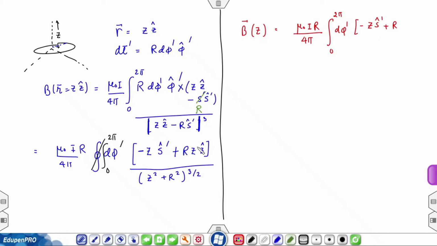So, this z will not be there, it is only z vector, z over r square plus z square raised to 3 by 2.